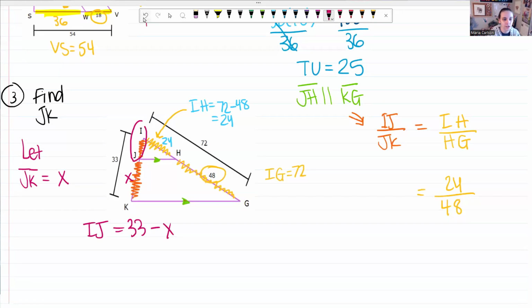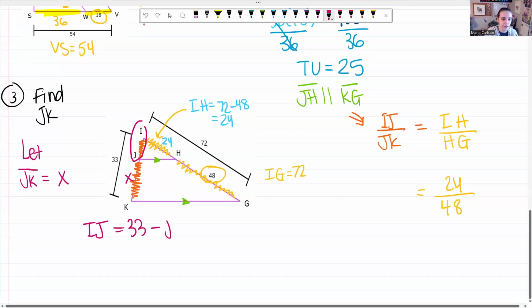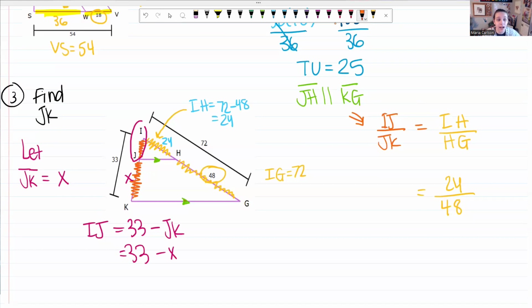Maybe I'll write that first. 33 minus JK, which is really 33 minus X. So my other fraction, I'm going to have IJ first, and we said that IJ is 33 minus X, and that will be over JK, which is just X. So the small piece, 33 minus X, is over the larger piece of X, and that is equal to small piece 24 over larger piece 48.